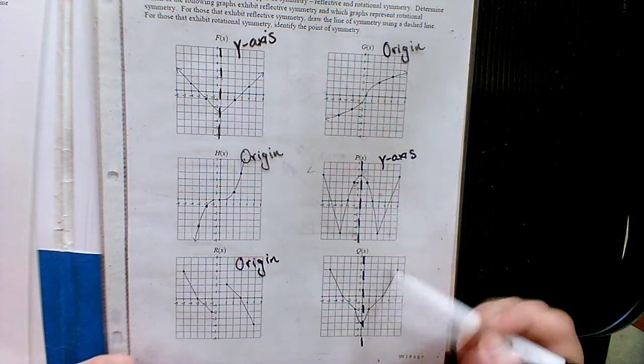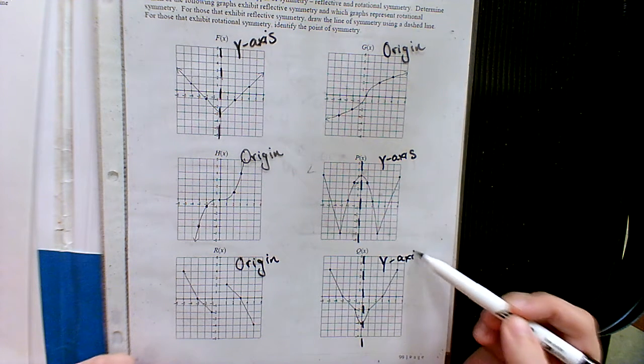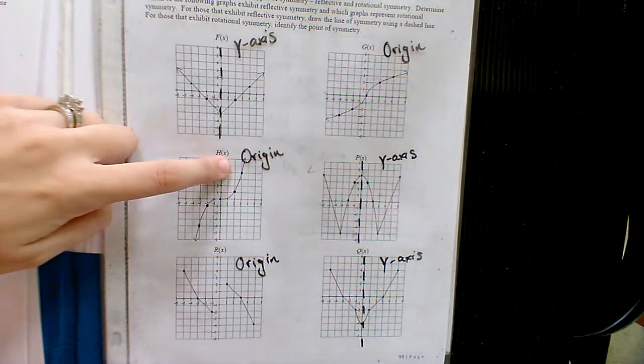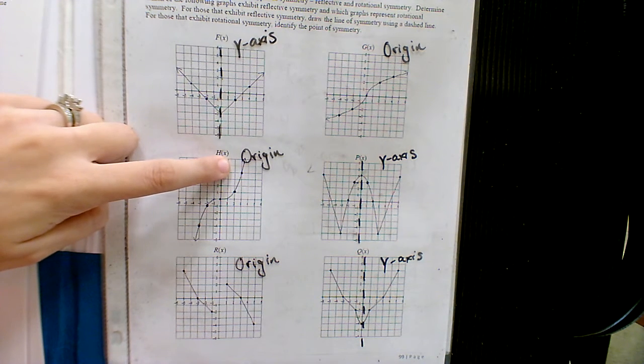Reflective, specifically y-axis. Okay, so what I'm trying to get to with these examples is even though we have 4 different types of symmetries, like we did in the last few examples, there are 2 major ones that show up more often, and those are y-axis and origin symmetries.